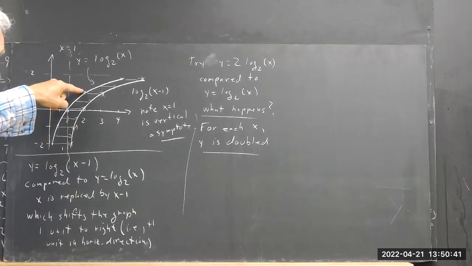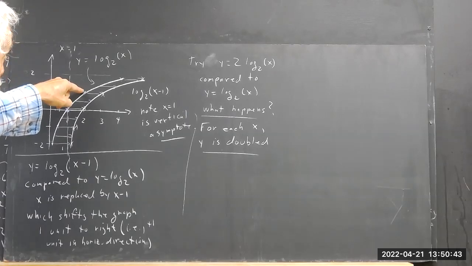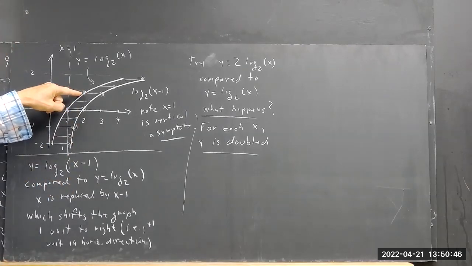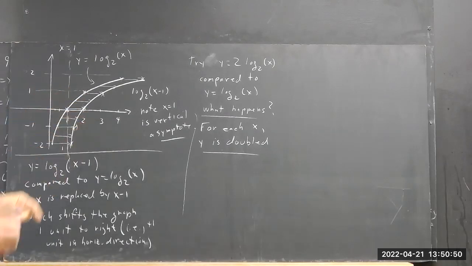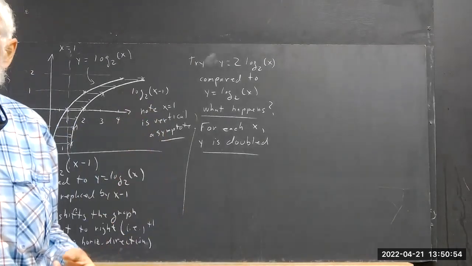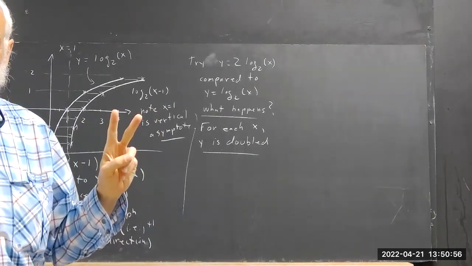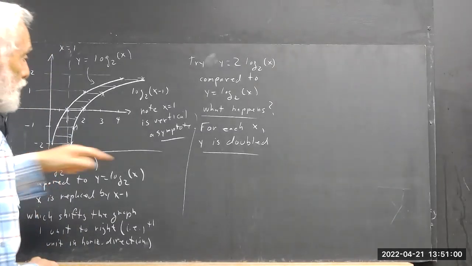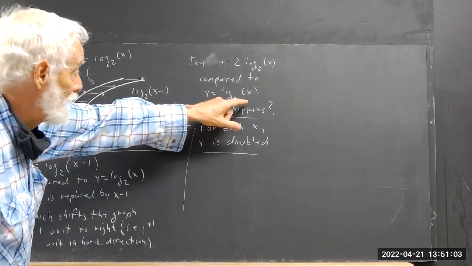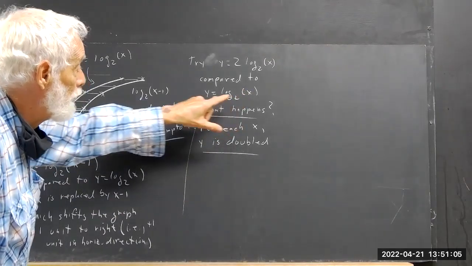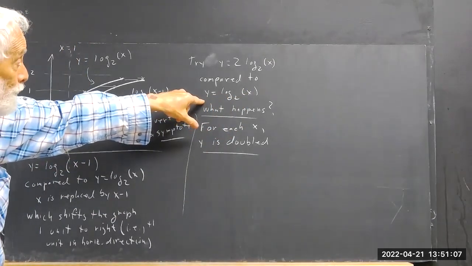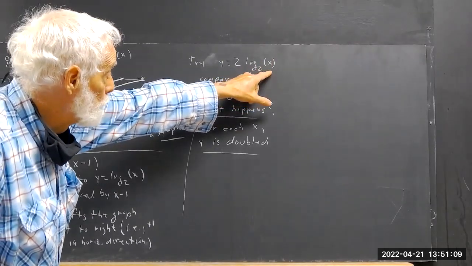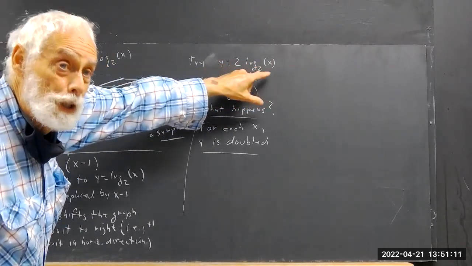Now, if we pick this point and double y, well, y is equal to 1 here. If we double that, what do we get if we double 1? I'm confused today. Somebody hold up fingers and show me. Yeah, we get 2. Okay. And everybody knows that. Now, x doesn't change. If x is 1, in this function, y is 1. In this function, if x is 1, y is going to be 2 times.